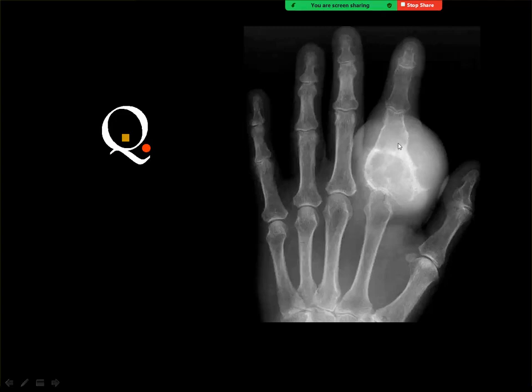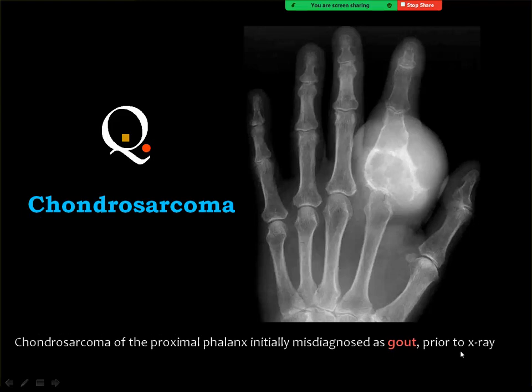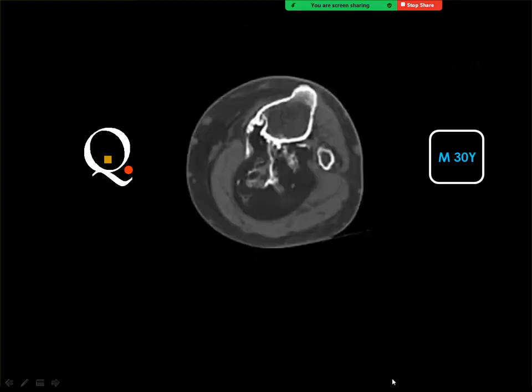A destructive lesion with a big extraosseous soft tissue component, and the component contains matrix calcification, and this fits well with the diagnosis of chondrosarcoma. This patient was misdiagnosed as gout. Of course, this is not by any means to represent gout.